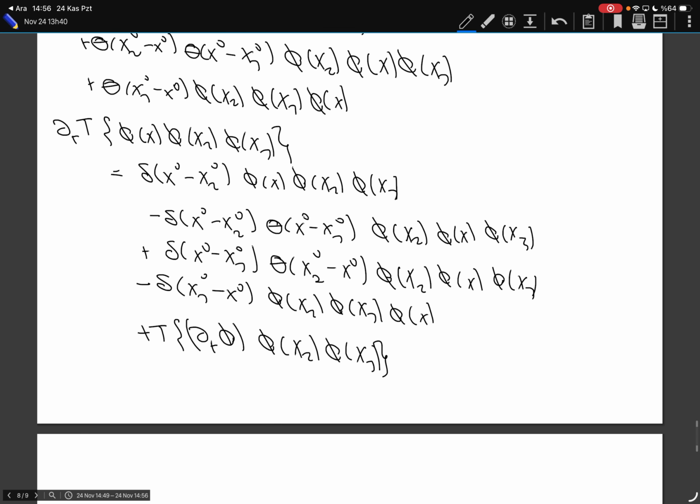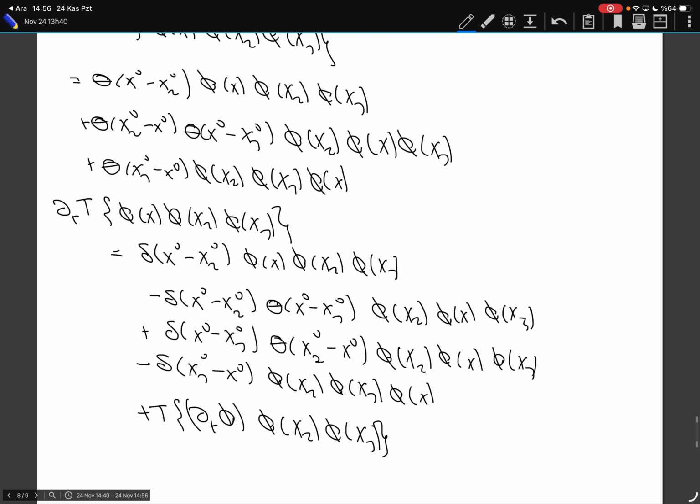Let me try to simplify this. Why the minus term? How does it come?